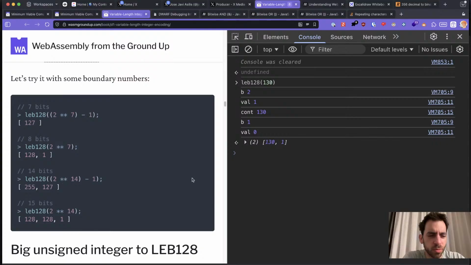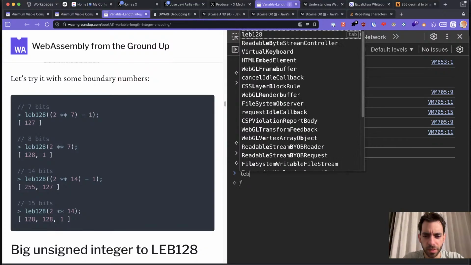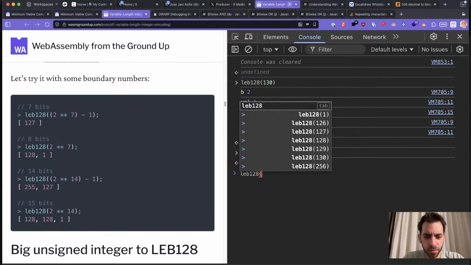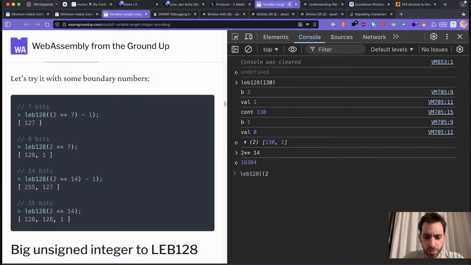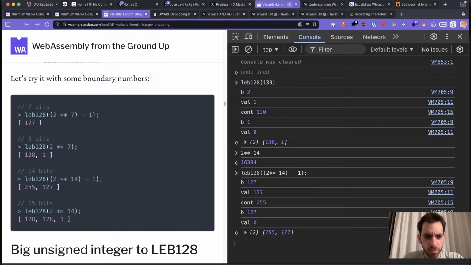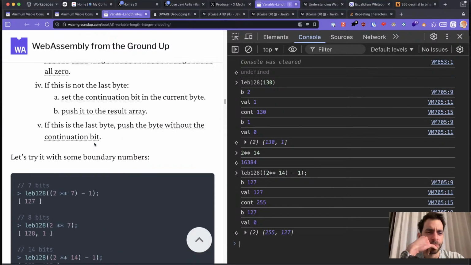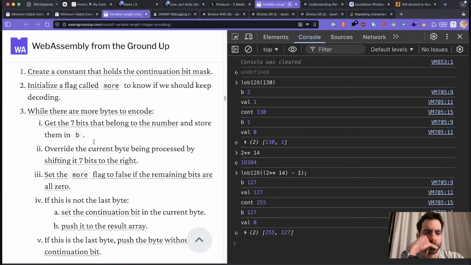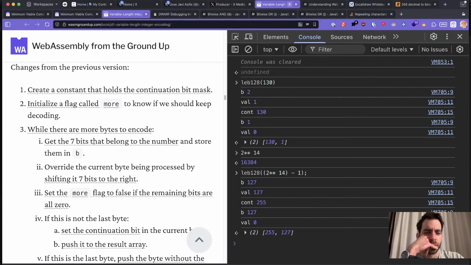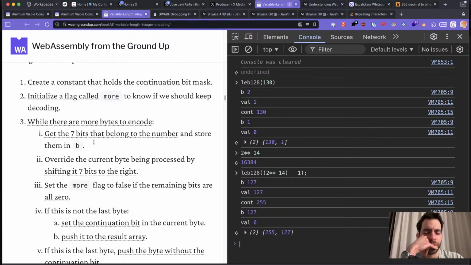But that's like 2 to the power of 4, right? 14 bits. LB 128. 2 to the power of 14 minus 1. I did the right implementation. If we should keep the encoding.